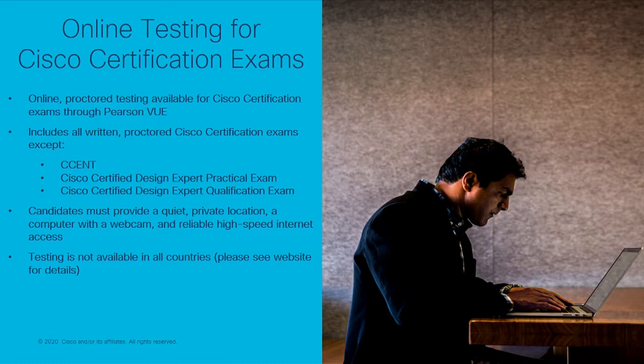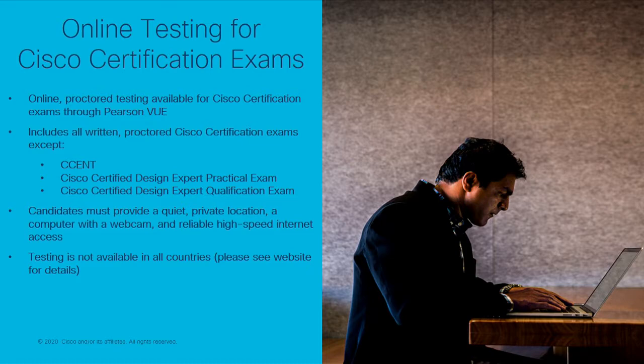So obviously, we all know that everybody's working from home right now, so times have changed a little bit. The good news is you can take your exam from home now. Cisco offers online testing for certification exams, and you can do it from the convenience of your own home. You can also get an exam voucher, which is good for 1 year from the date.